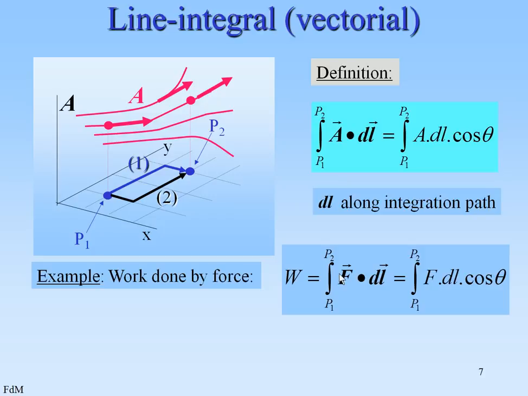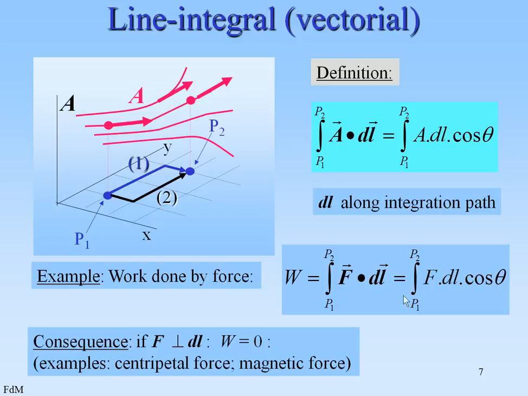An example, the work done by a force is the force times the path, F times dl cosine theta integrated over the path. And if F is perpendicular to dl, then the work will be 0. Examples are centripetal forces or magnetic forces.